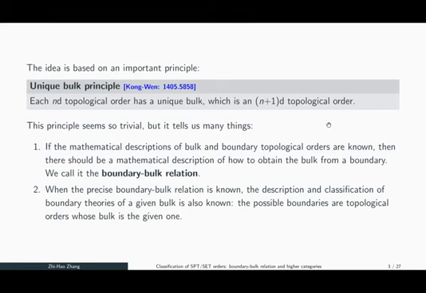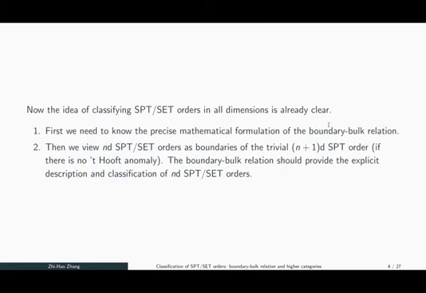If we know the precise boundary-bulk relation, then the description and the classification of boundary theories of a given bulk is also known. This is directly from the boundary-bulk relation. So the idea of the classification of SPT or SCT orders in all dimensions is clear. First we need the precise mathematical formulation of the boundary-bulk relation.